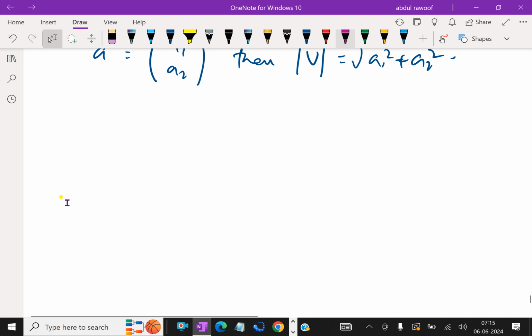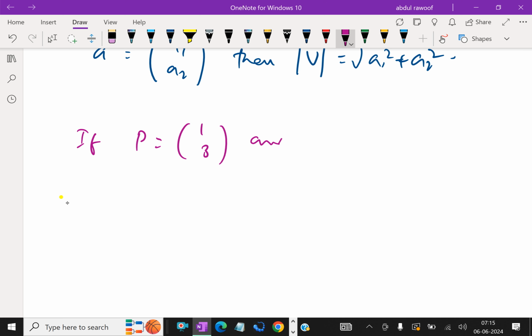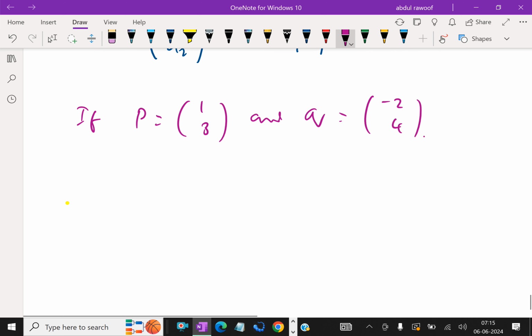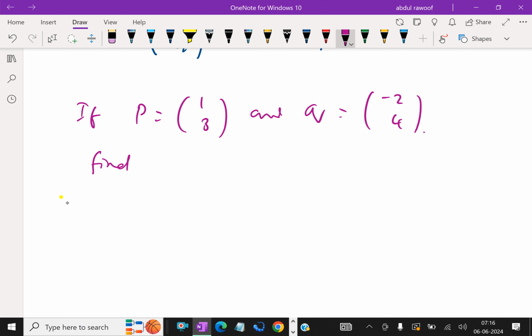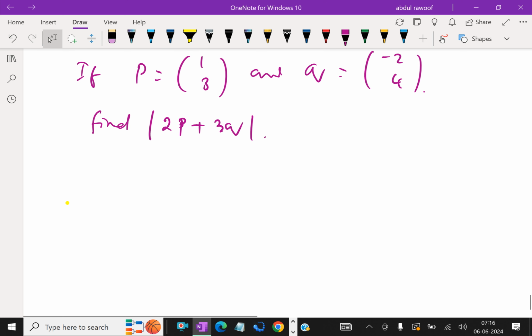Now, an example. If P equals 1 and 3 and Q equals minus 2, 4, find the length of 2P plus 3Q. First of all, you have to find vector 2P plus 3Q.